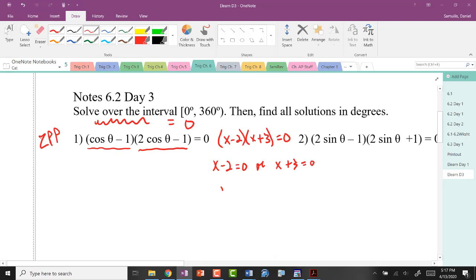And then you solved each one individually, and for simple algebra, you were done, because those were the numbers that when I take 2 and plug it in, 2 minus 2 is 0. 0 times 5 is still 0, so it solves that equation. Same thing with negative 3.